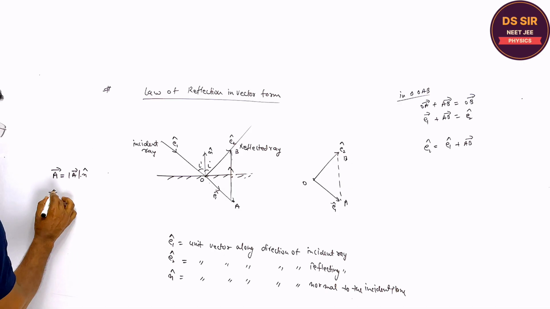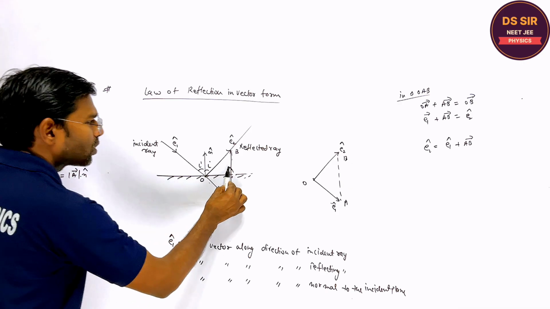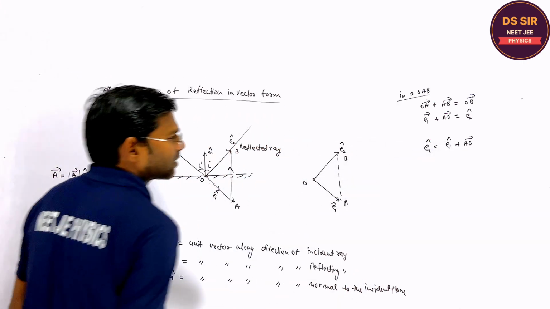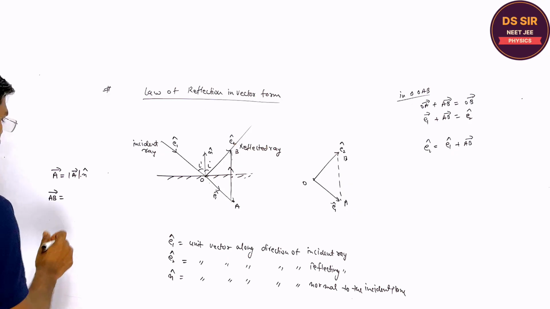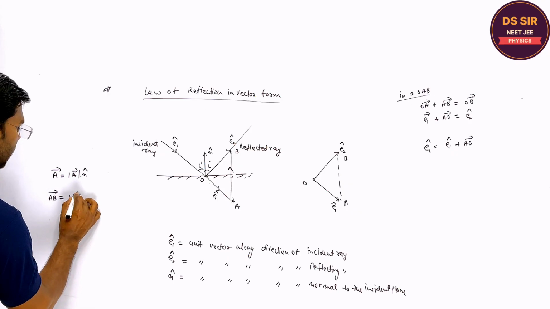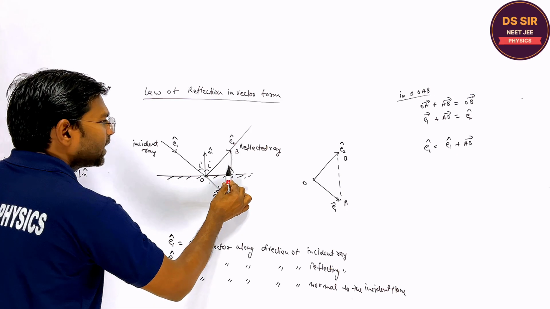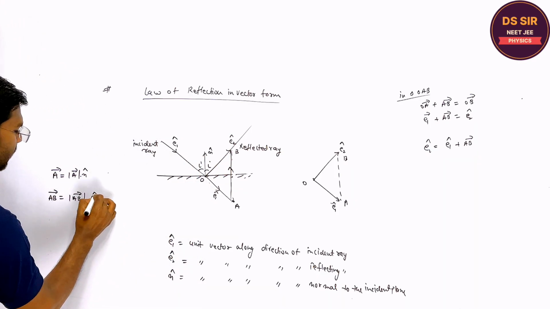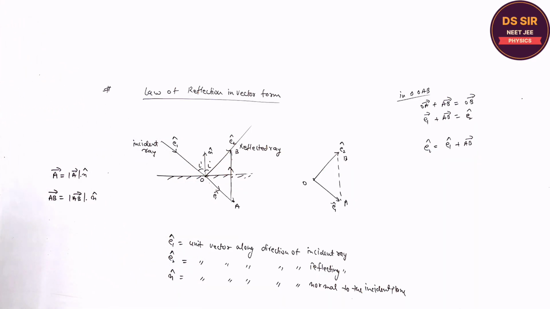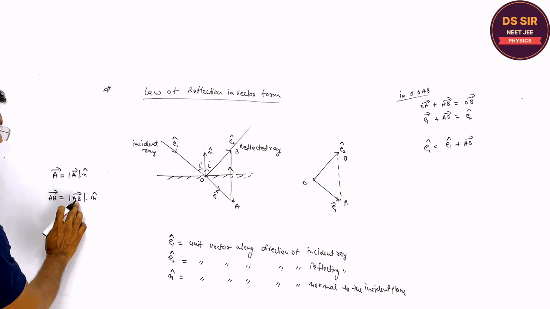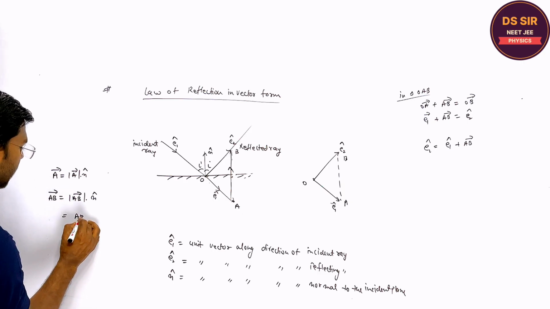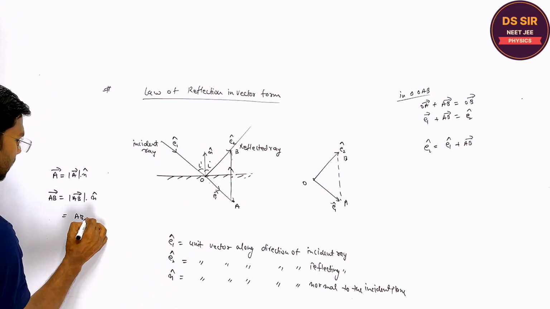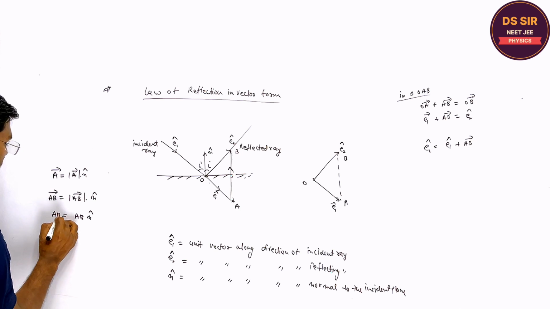So in the same way, if you want to write this AB vector here, the magnitude of the AB vector, and what is the direction, in this direction, what is the unit vector? The N vector is the unit vector. Is it clear or not? So basically this distance AB is the distance multiplied by the unit vector, right?